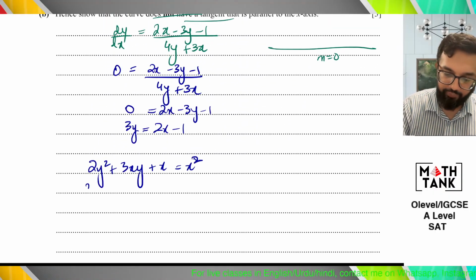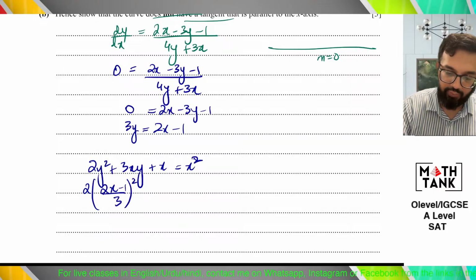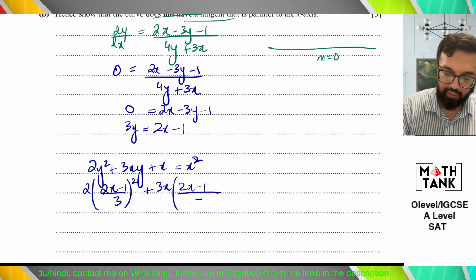Substitution करेंगे. 2x minus 1 over 3 squared. 2x minus 1 over 3.